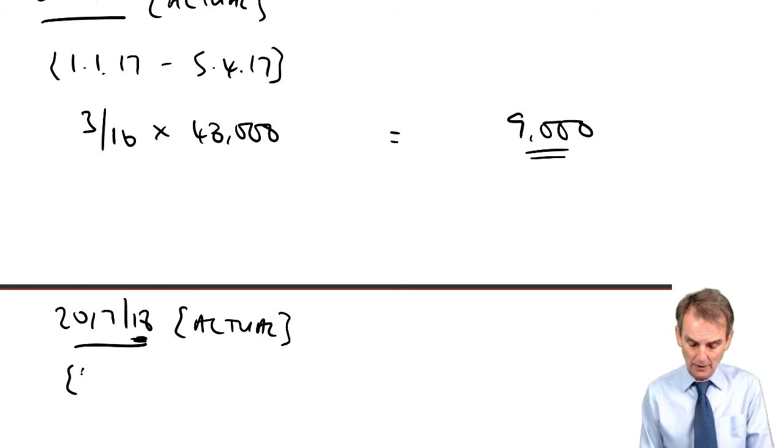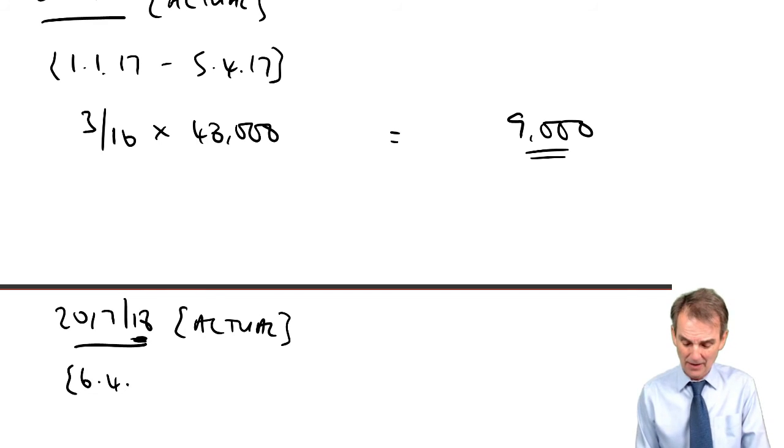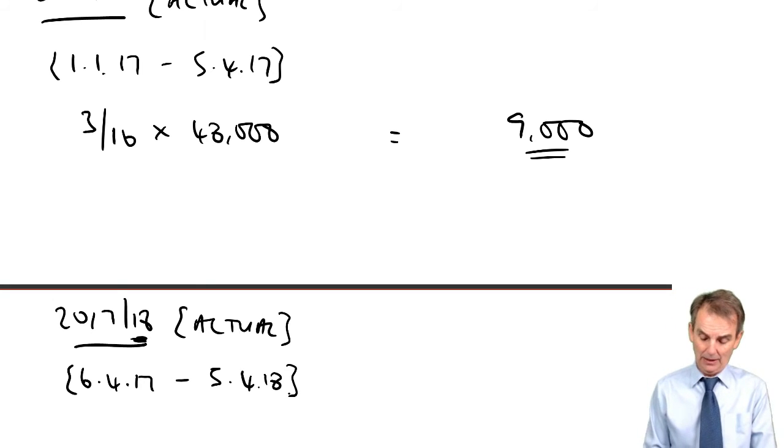What is actual? The start of the tax year, 6th of April 17, through to the end of the tax year, the 5th of April 18.